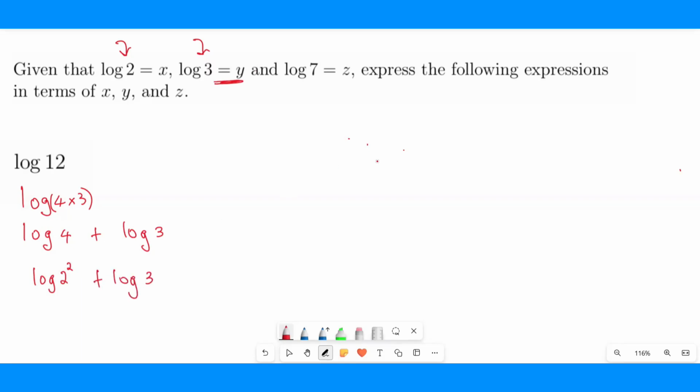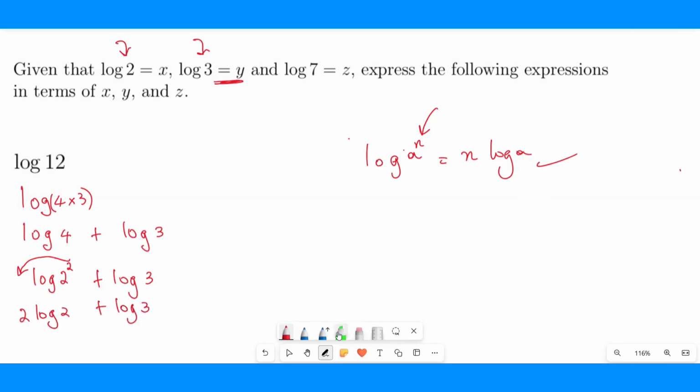Again, there's another log rule that suggests that if we have log of a raised to the n, then this exponent becomes the coefficient of the log. So this becomes n log a, right? So we're going to utilize this idea, which means that this 2 will become the coefficient. So what we do have is 2 log 2 plus log 3.